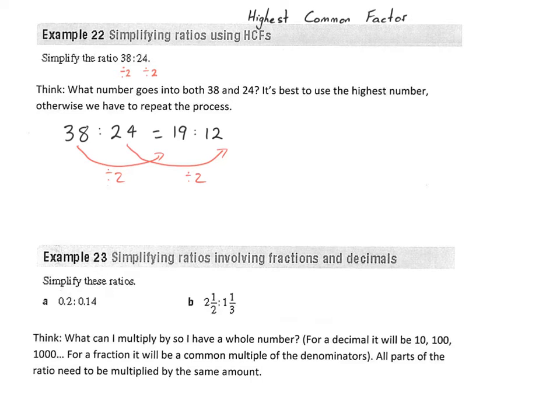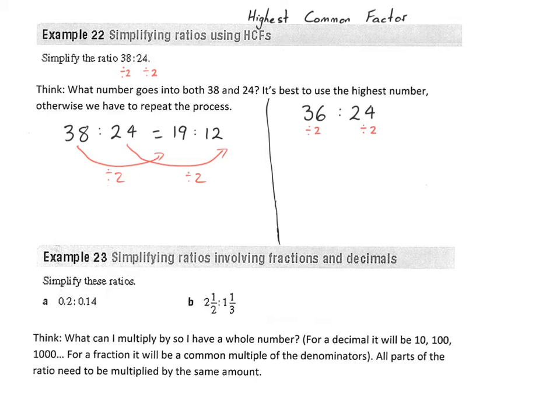If you looked at those two numbers and still had a common factor, then you would simplify further. For example, let's say I had the ratio of 36 to 24, and I knew that they had a common factor of 2 because they're both even.